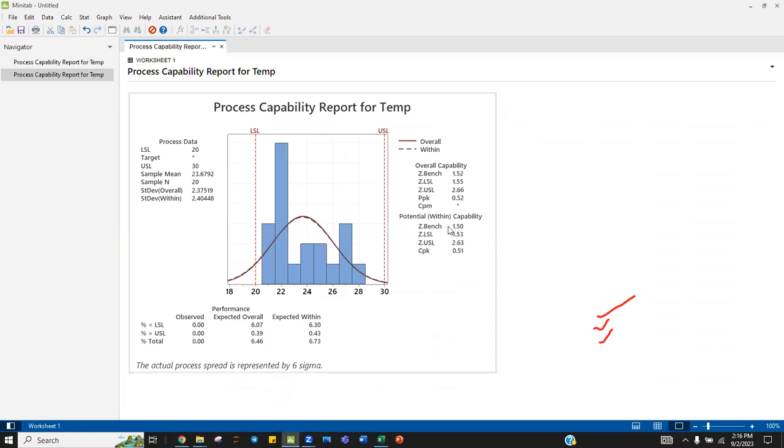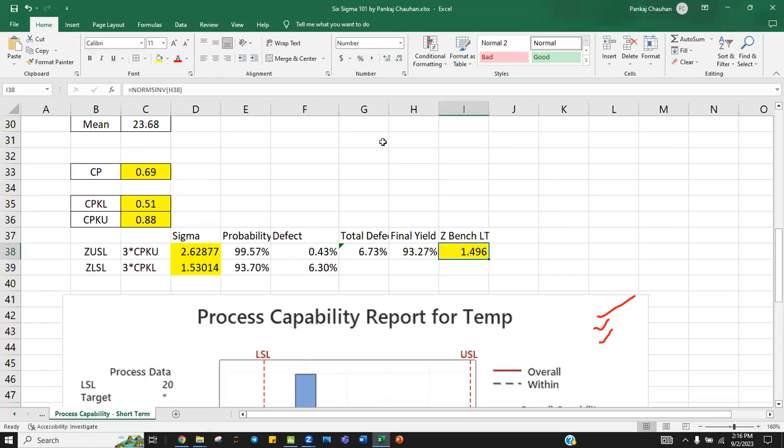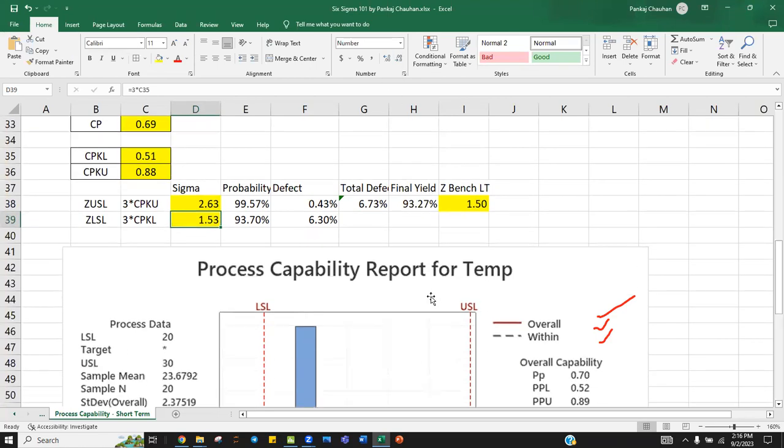Z bench is around 1.50, which is 1.53 on the lower side and 2.63 on the upper side, right? Converting this to two digits, 1.50, and 2.63 on the upper side and 1.53 on the lower side, are the same values we got in Minitab. This is the way we calculate the short-term process capability.